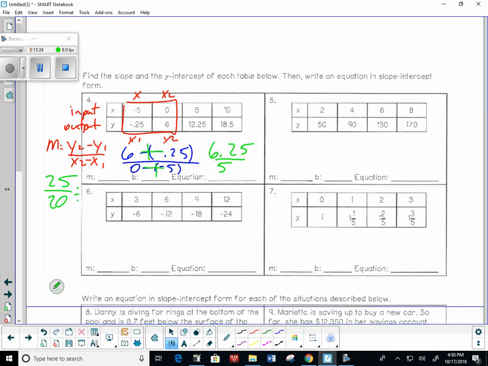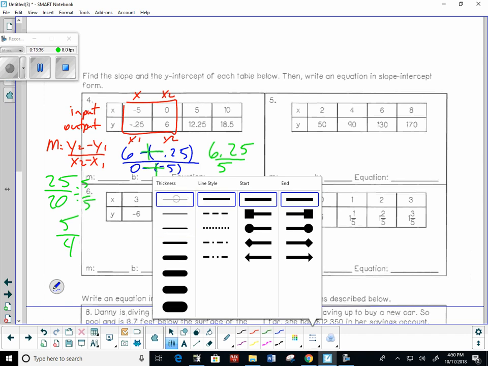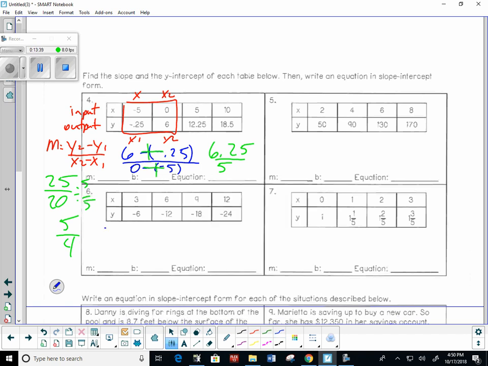Okay, so we'll reduce that a little bit further. 5 over 5, so it looks like we've got 5 over 4. Our slope is 5/4. Now, if I've done it wrong, you guys did a good job of proving me wrong yesterday, so prove me wrong. 5/4. Okay, now what are we going to look for to find b, the y-intercept?